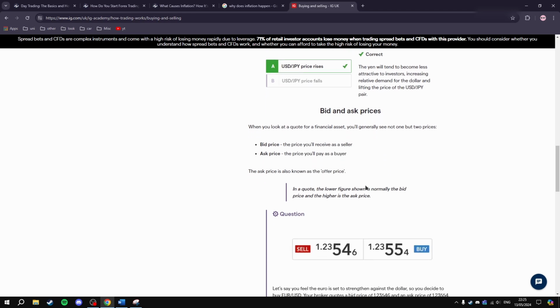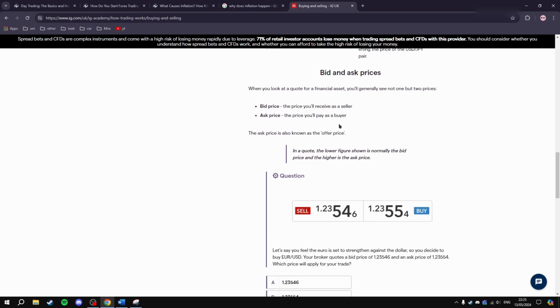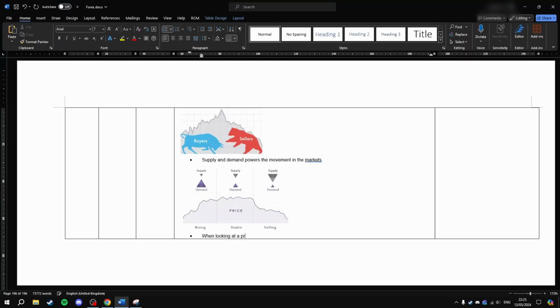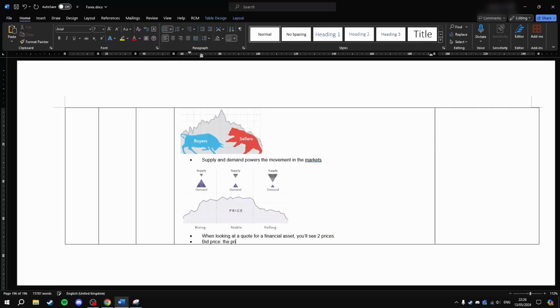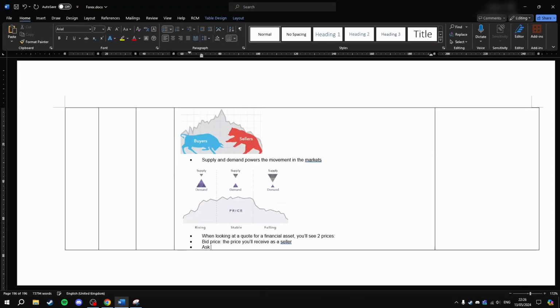Yep, okay. Bid and ask prices. When you look at a quote for a financial asset, you generally see not one but two prices. The bid price is the price you'll receive as a seller, and the ask price is the price you'll pay as a buyer.